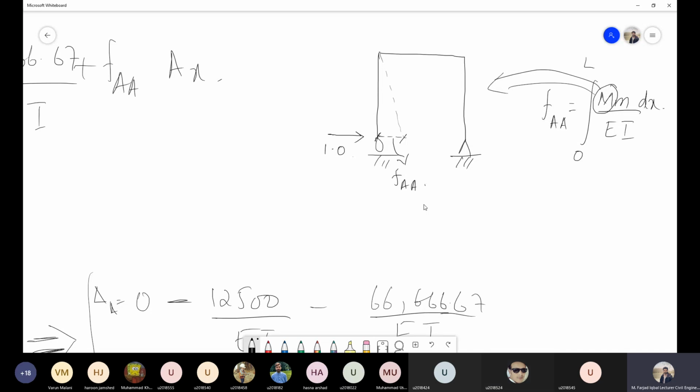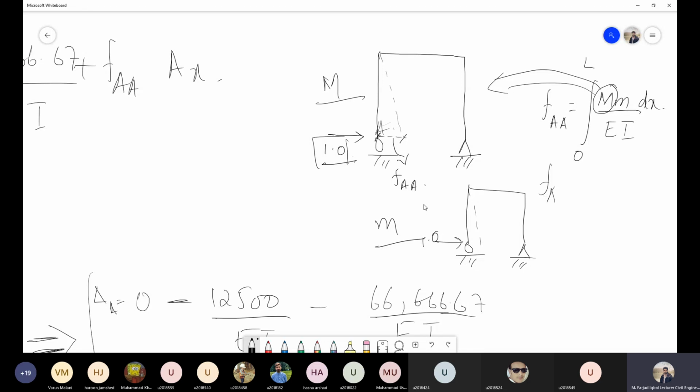Now this is our initial structure in which the unit load is acting, so we have to write the equation. But in the virtual work method, in the second step, you apply the same unit load in the direction of deflection and you write the equation of small m. So this is capital M, this is small m. But in this case both capital M and small m will have the same equation, because in both cases we have the same unit load acting at this particular point.